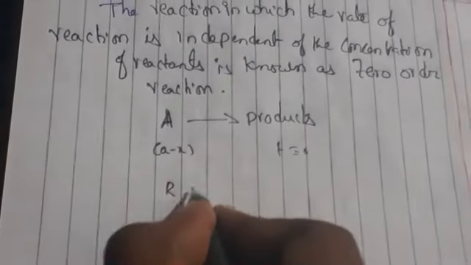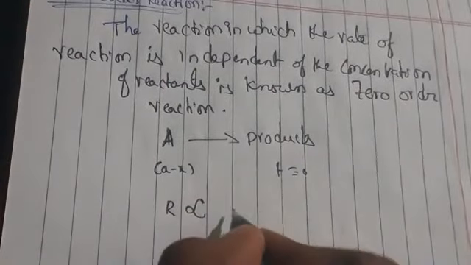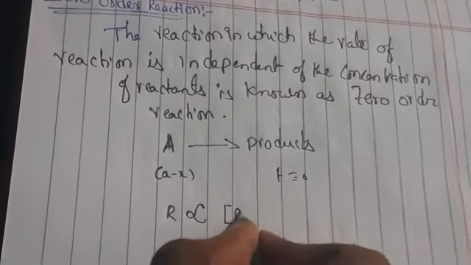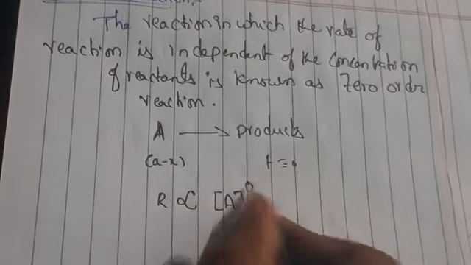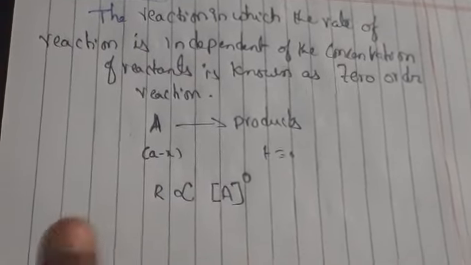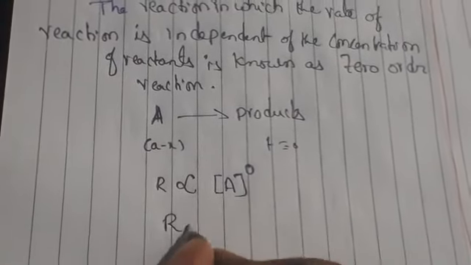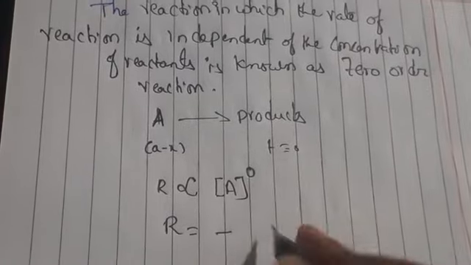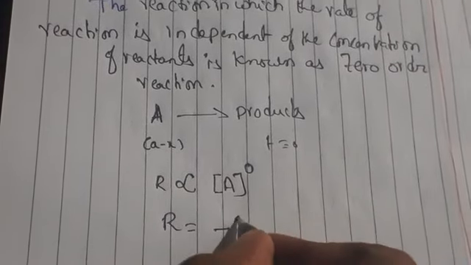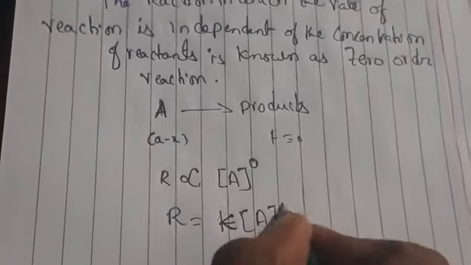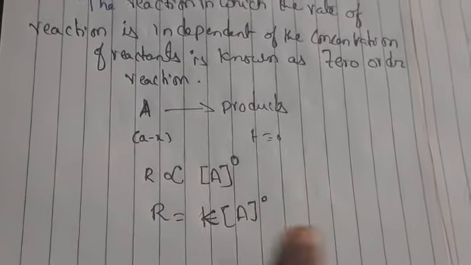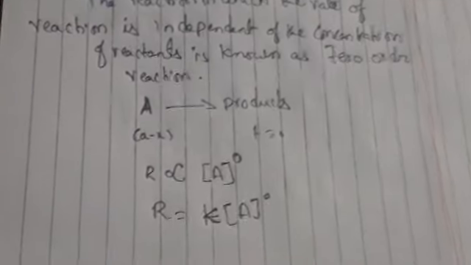So the rate R is proportional to concentration of A to the power 0. So here R equals K into concentration of A to the power 0. Anything to the power 0 is equal to 1.